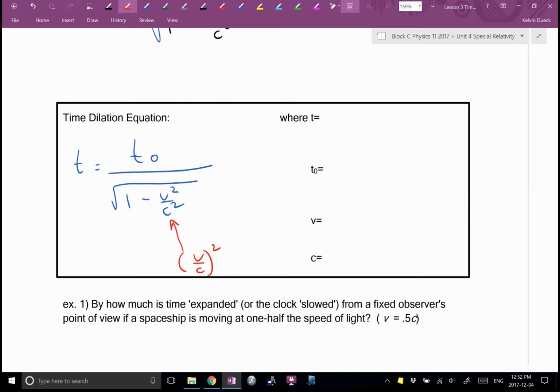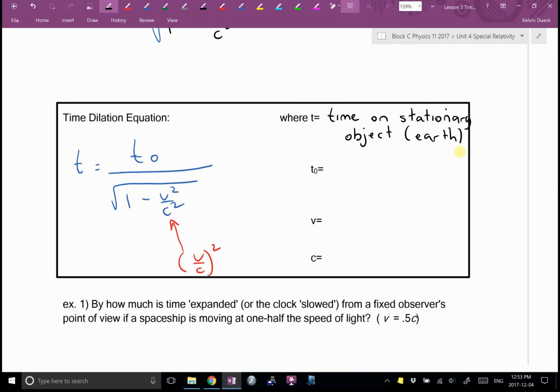And we need to talk about what these mean. I've given you this massive equation. So you ready? Where T equals time on the stationary object, usually Earth, or the astronaut floating in space at rest when the spaceship zooms past him.